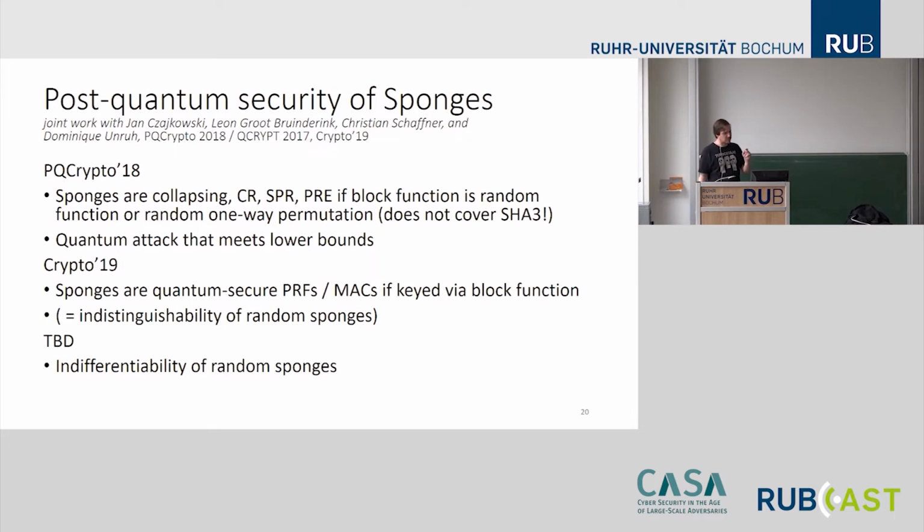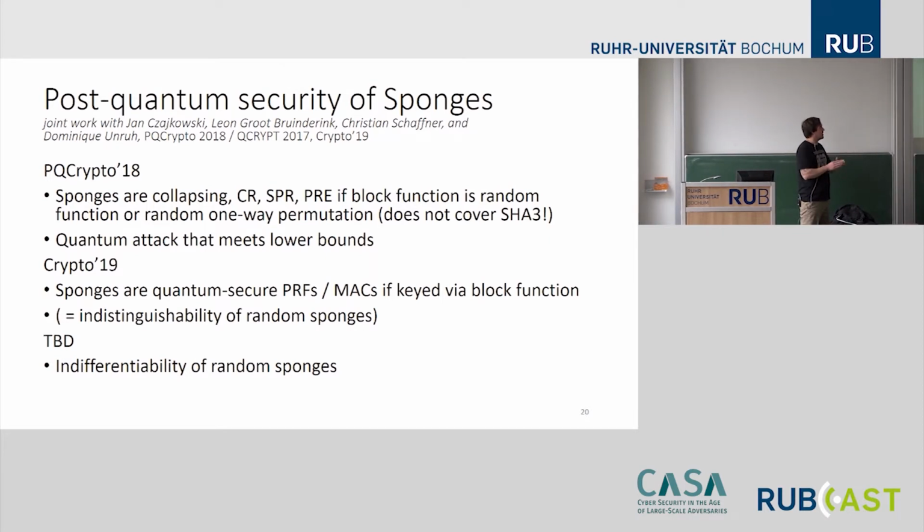The proof did not go through if you use just a random permutation, which is invertible, because then the arguments we use don't work anymore, and you have to look at the whole construction at once. For those, we also came up with matching quantum attacks which meet our bounds, so that means the proofs are actually tight.